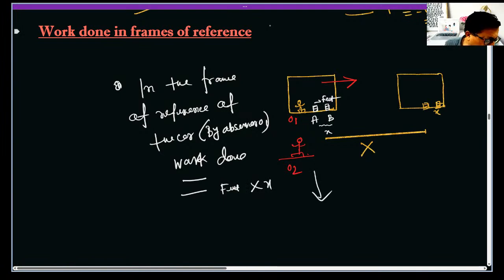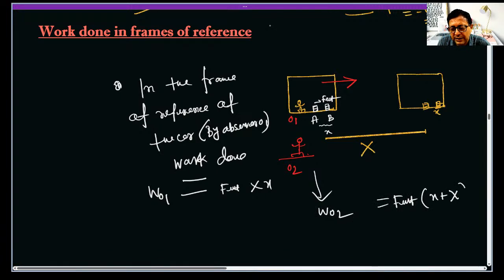With respect to this observer here, how much work done will be there? This is W O1, and that will be F external into x plus x. So work done will be different for different frames of reference.